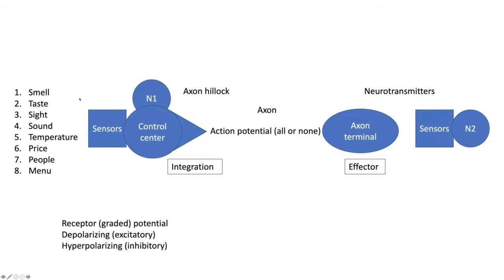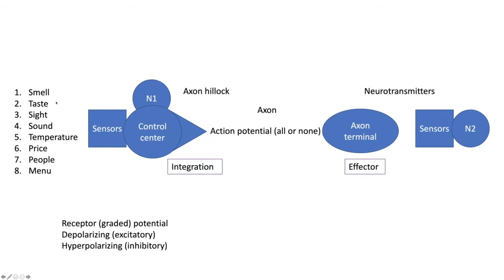So if we give a value of 1 point to each of these things, and we imagine that all of these things are going to affect a single neuron, we can understand that this neuron is going to be analyzing and adding or subtracting different points before taking a decision.